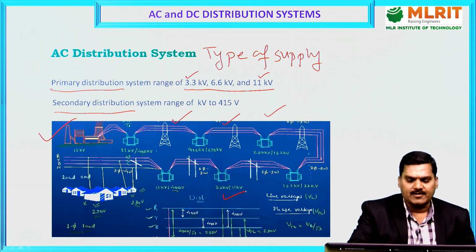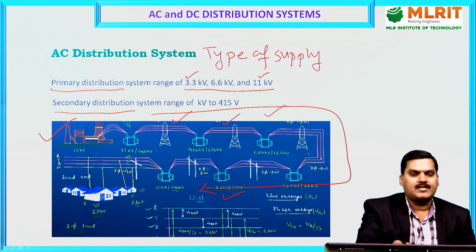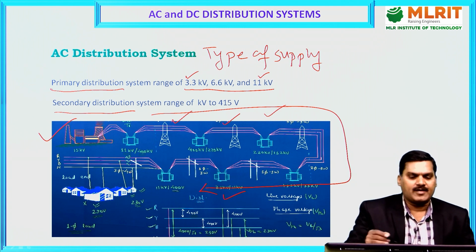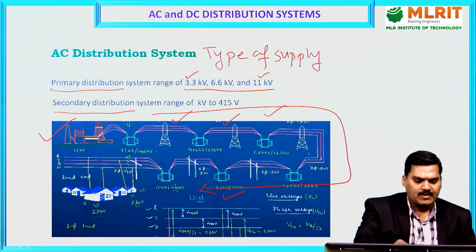Up to this point, all these are transmission systems. From here onwards, distribution starts. From 11 kV, some houses may take 230 volts, and some loads need a 400 volt system also.